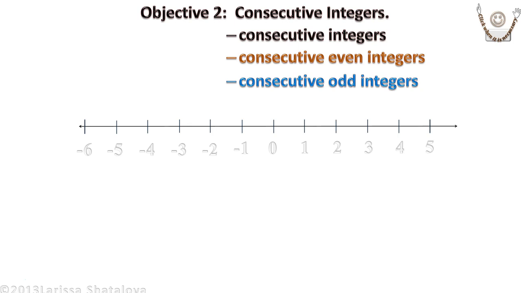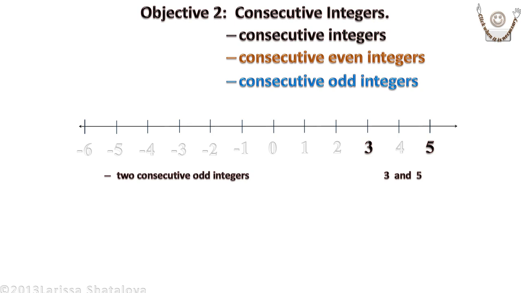Two consecutive odd integers means two integers that are supposed to be odd numbers, for example 3 and 5, 9 and 11, 15 and 17, -5 and -3, and so on.